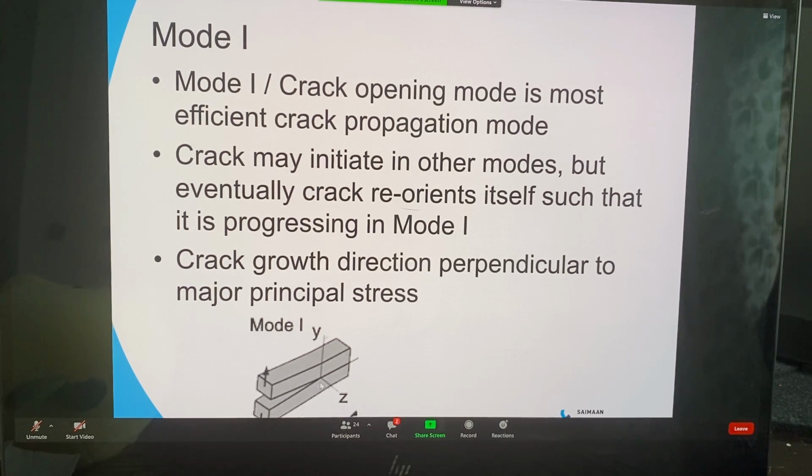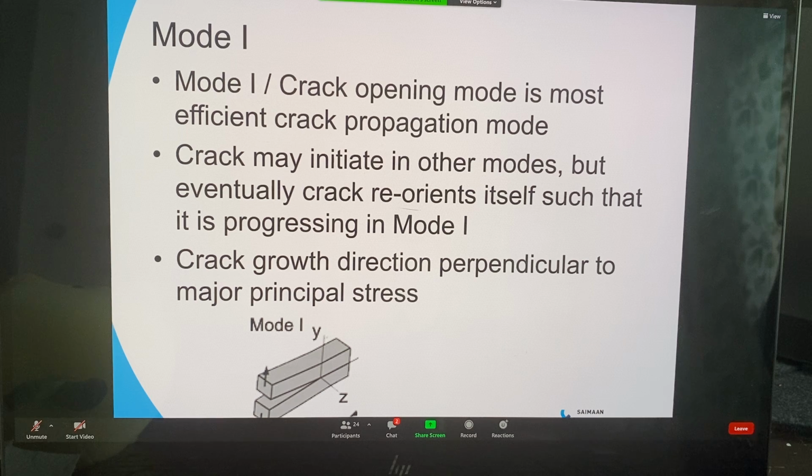And in this case, the crack growth direction is perpendicular to the major principal stress. And it's also possible that this crack direction will change within the structure. And that is often the case if we have, for example, changing loading in the construction, or we have residual stresses. The crack will always want to grow into the direction where it's easiest to grow.